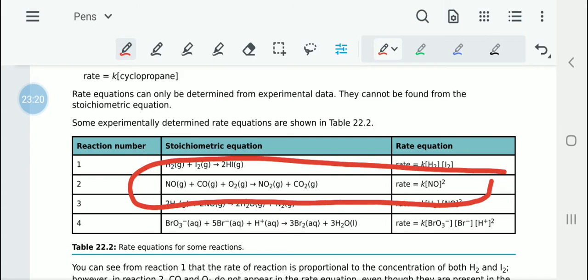The rate equation is rate equals k[NO] squared.